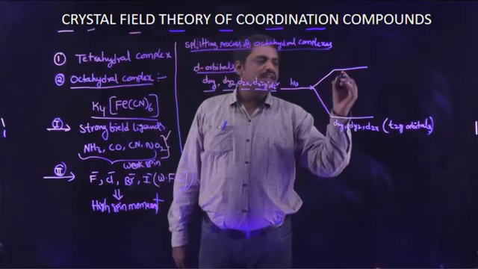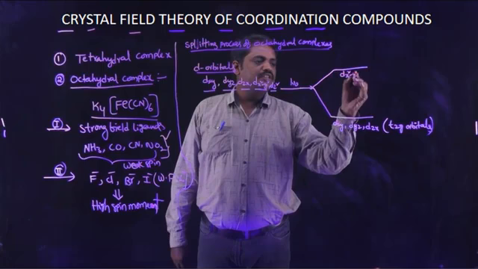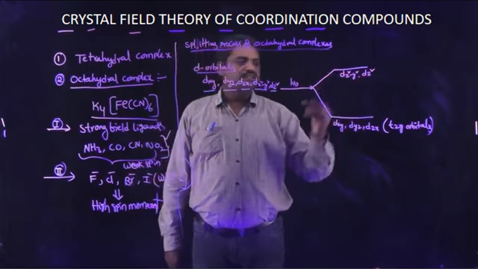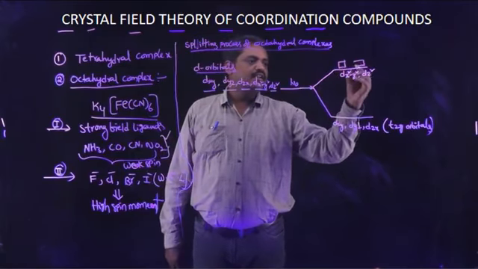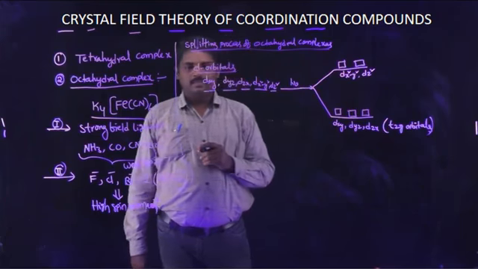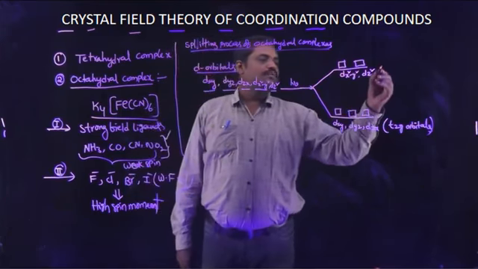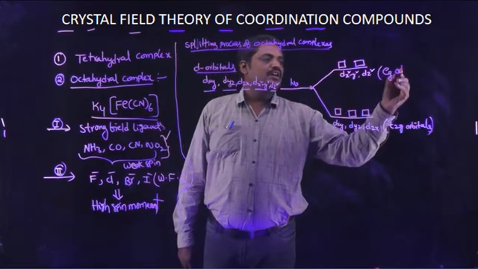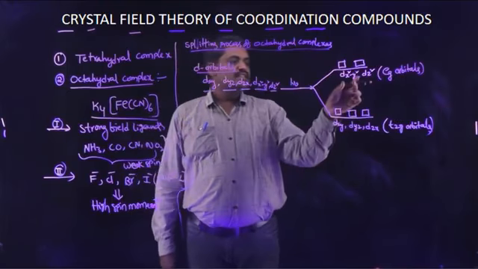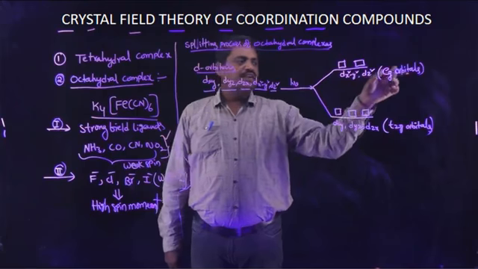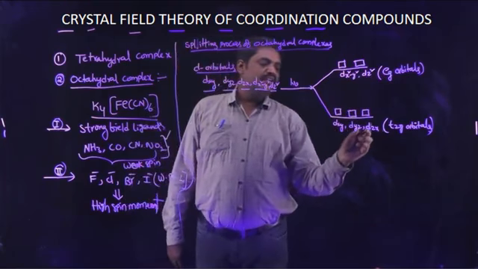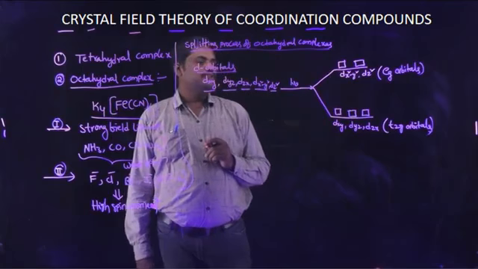A few orbitals, dx2-y2 and dz2, these 2 orbitals are at the higher energy level, and they are known as eg orbitals.